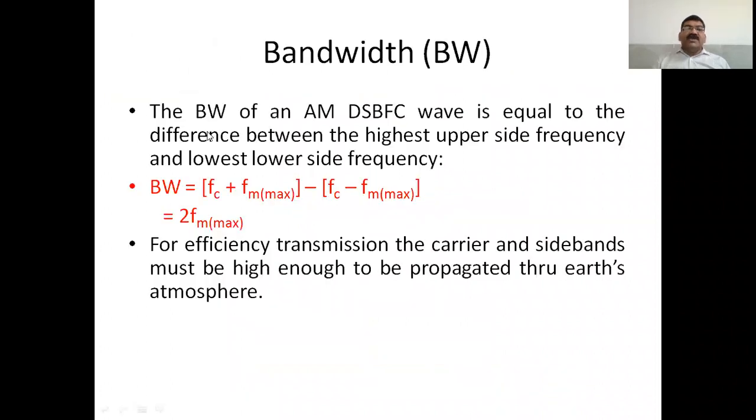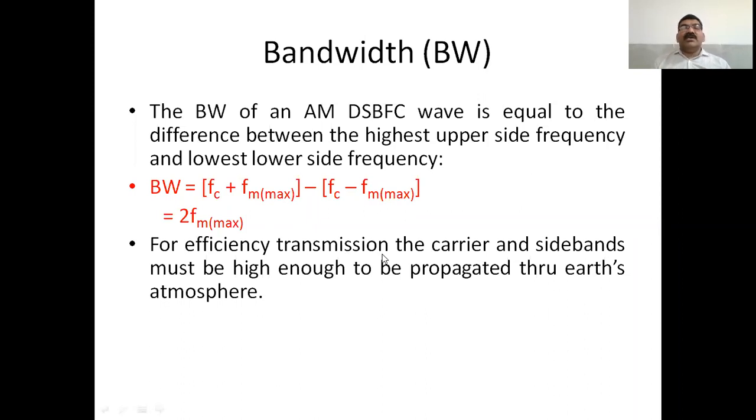So here, the same thing is represented. FC plus the maximum frequency, minus FC minus the maximum frequency. FC minus FC is 0, F max plus F max is 2F max. So it is double the maximum frequency.